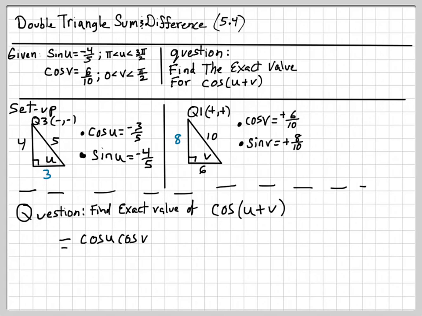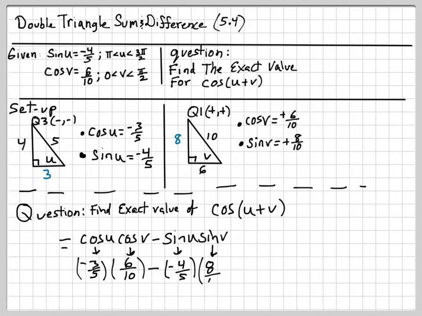And I just expanded. Now remember that for the sum difference formula for cosine, the formula has the opposite sign of what's given originally. So I write out the formula, and then I begin to substitute the values that we got in the setup for cosine and sine of both angles.